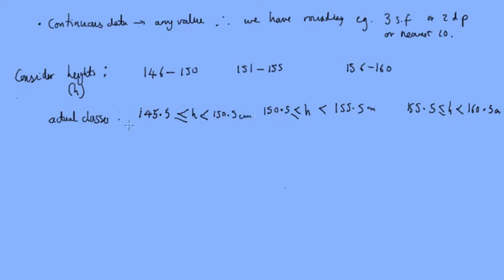The classes, so we've got the lower and upper boundary values, and we're going to show this on a number line. So here's our number line.